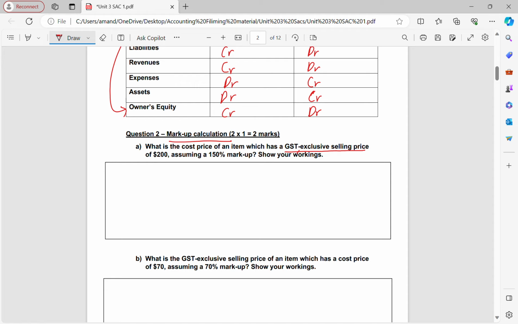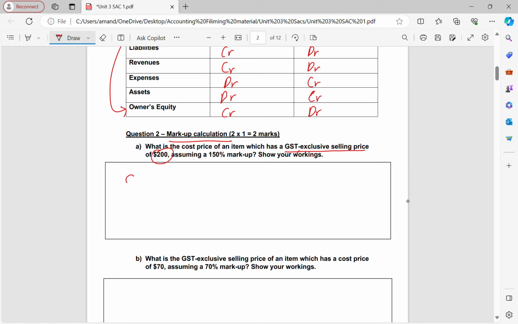It's been a while since I've done accounting, I guess. Okay, so they're asking us to find the cost price, right? And they've given us the selling price, which is 200.